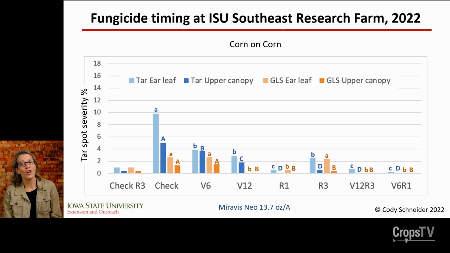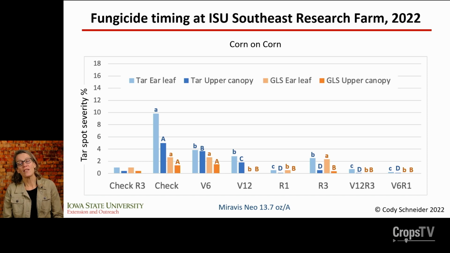And so if we have a look at the data, this is his corn-on-corn plots, we'll see that the application of a fungicide at V6, yes, it helped with tar spot, but it didn't help at all with gray leaf spot. That application at V12 for tar spot helps, and also helps with gray leaf spot. And then you can see that the best applications were the R1 application, or the V12 followed by R3, the V6 followed by R1.